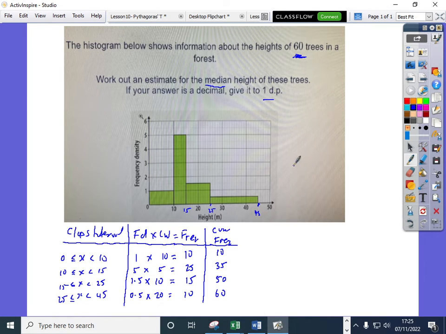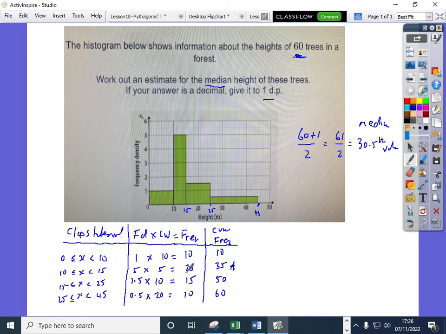So 61 over 2 tells us where our middle value is, which is the 30.5th value. The 30.5th value is where the median is going to lie. So where does that lie? It's going to lie in here, since that bar takes us up to 35 of the values.